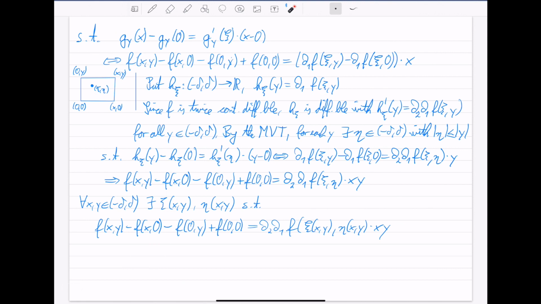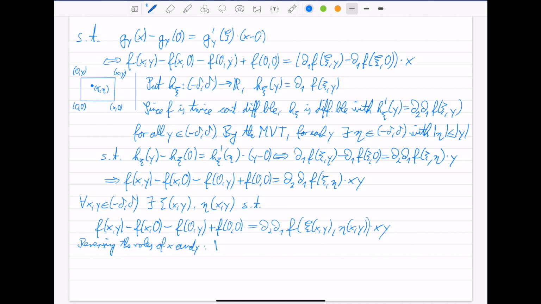Now we could have done precisely the same thing with the variables exchanged, oh, there's a parenthesis missing. So we could have done precisely the same thing, but with the roles of x and y reversed. So reversing the roles of x and y, we obtain a similar thing.